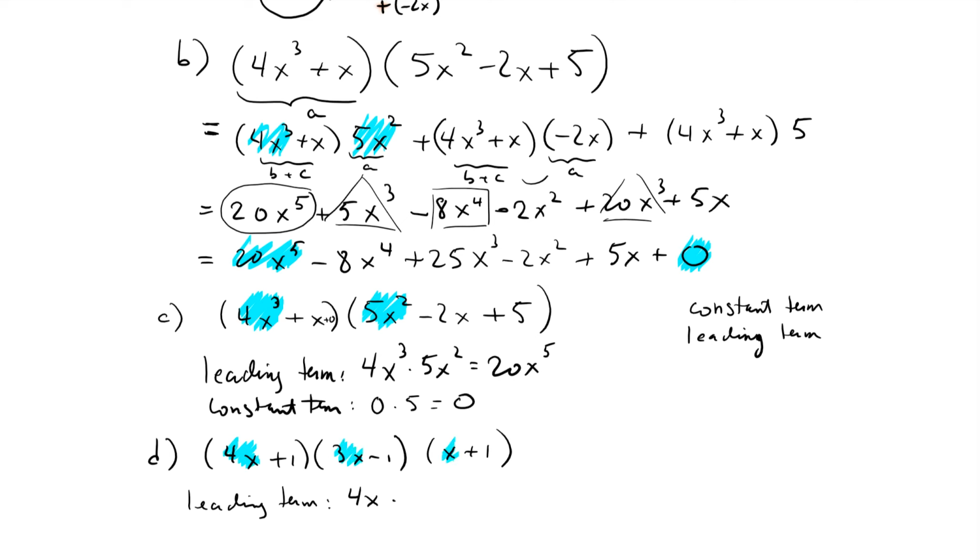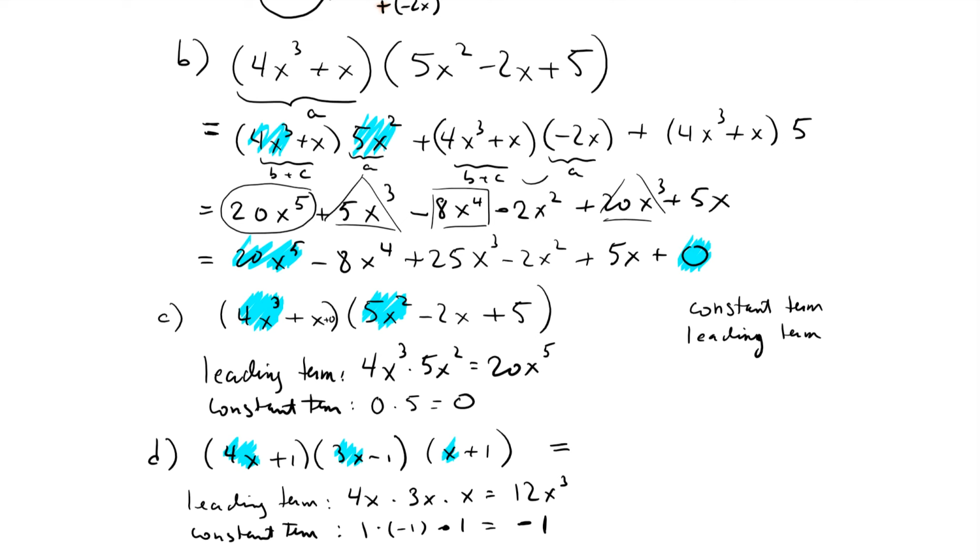By multiplying those together, I'm going to get my leading term. And for the constant term, I need to multiply the 1 with minus 1 with 1 again, and that gives me minus 1. And when I expand it all, I can verify that my leading term and constant term are 12x cubed and minus 1.